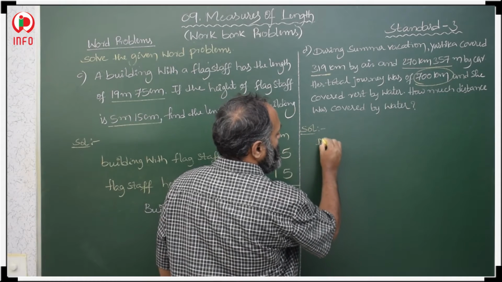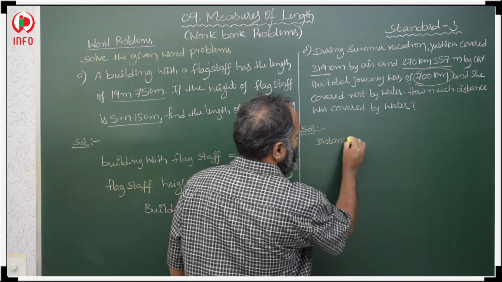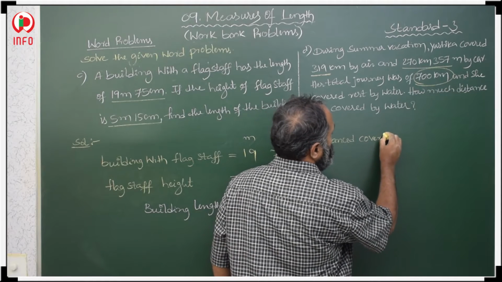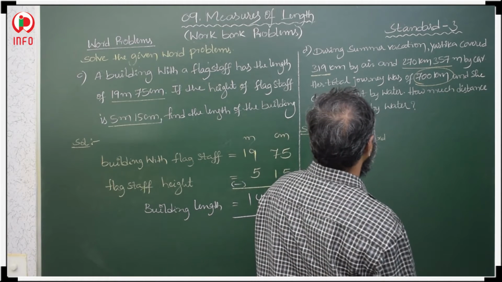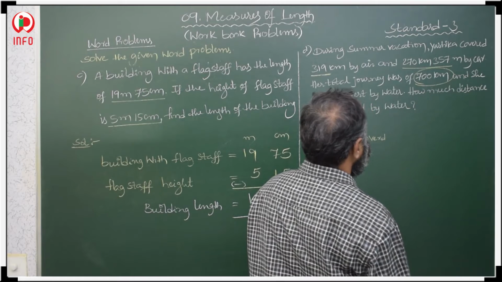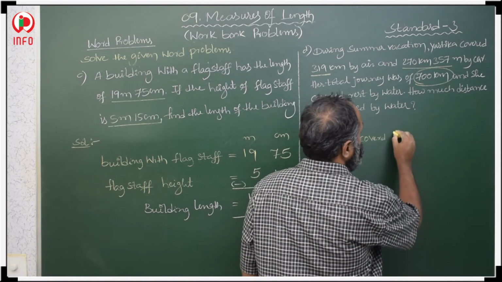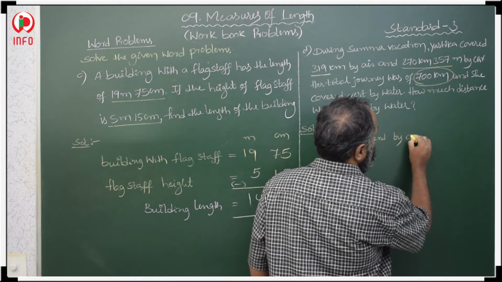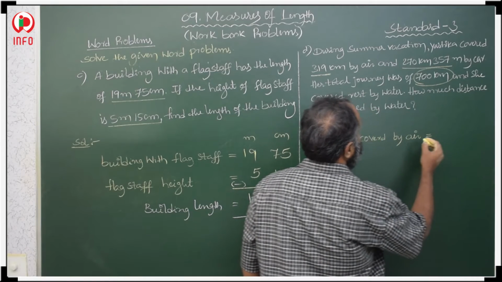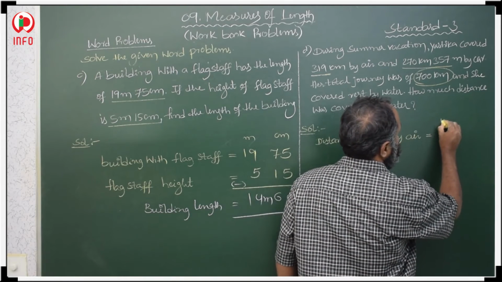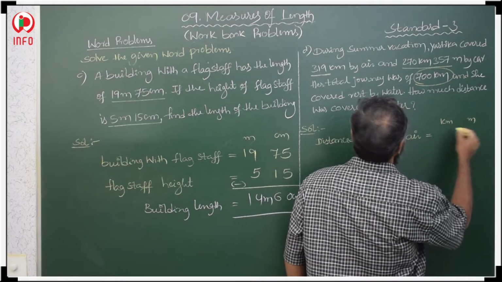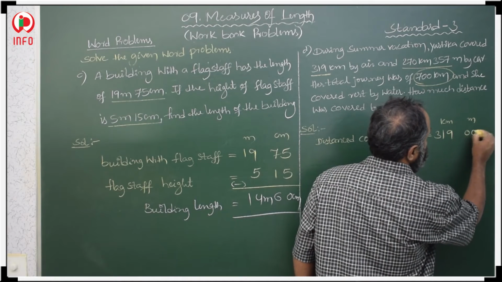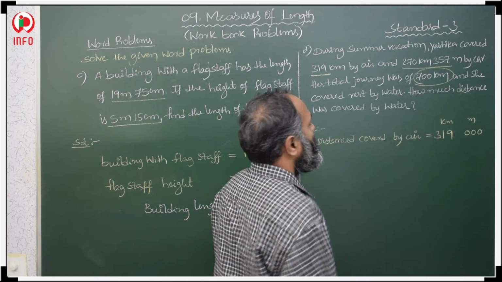Distance covered by air. What is the distance covered by air? Kilometers and meters we have to take. 319 kilometers, and here there are no meters, so in meters we have 3 zeros.